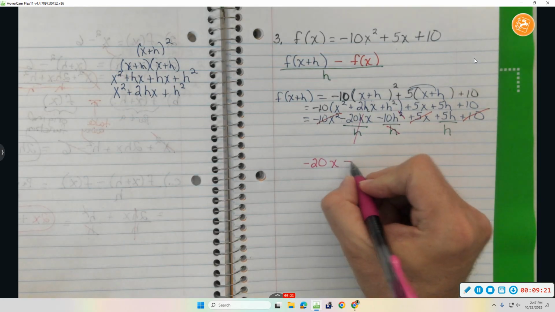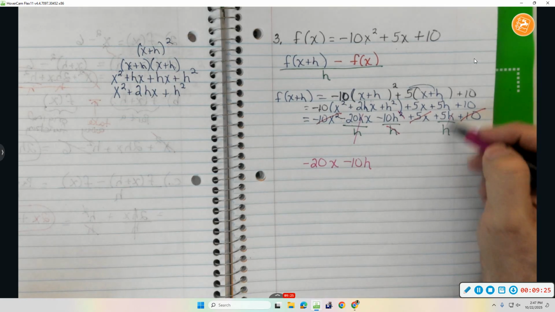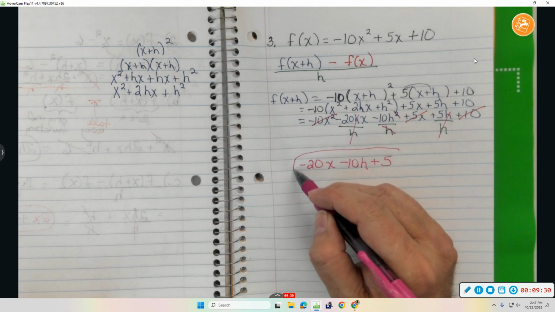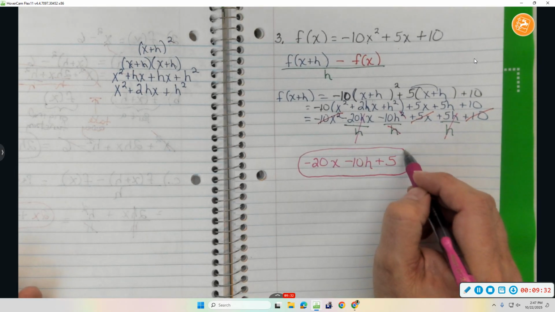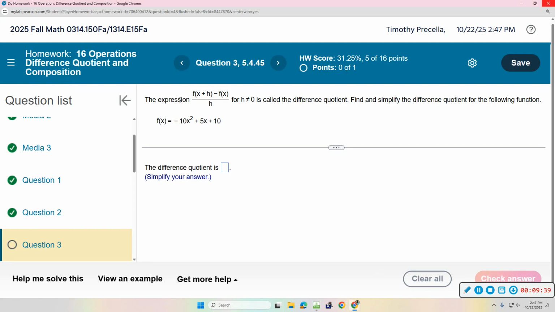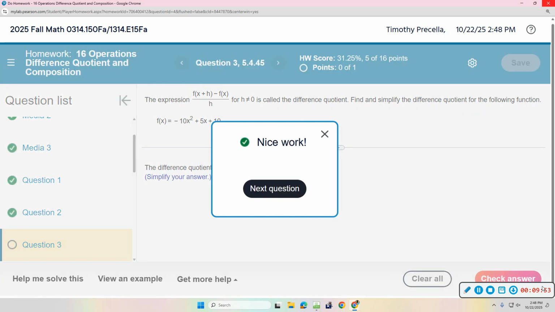So a minus 10H. And then what? Plus 5. And there's your difference quotient. Negative 20x minus 10h plus 5.